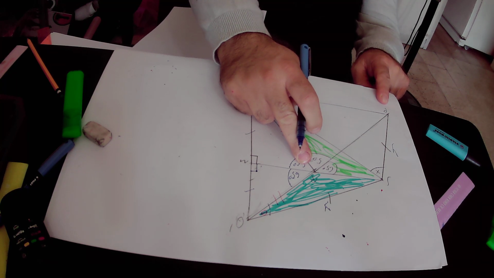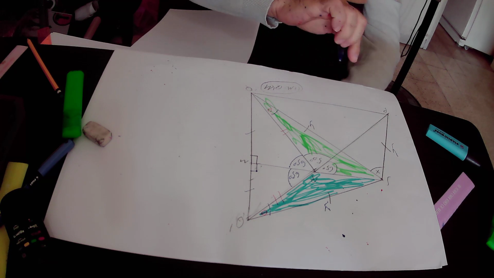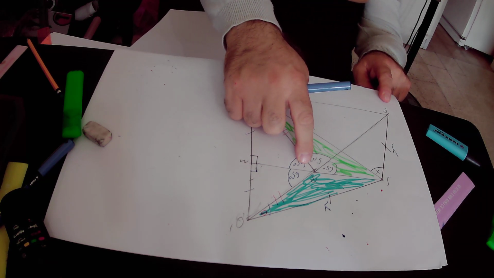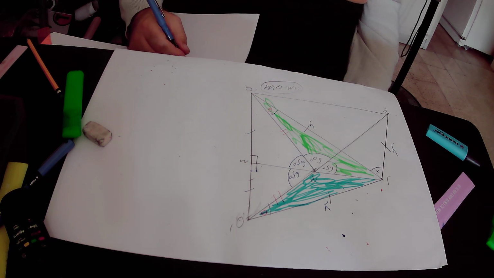PR is a diagonal in quadrilateral SRPQ. So PR as a diagonal in quadrilateral SRPQ must be a straight line. PR is a straight line.